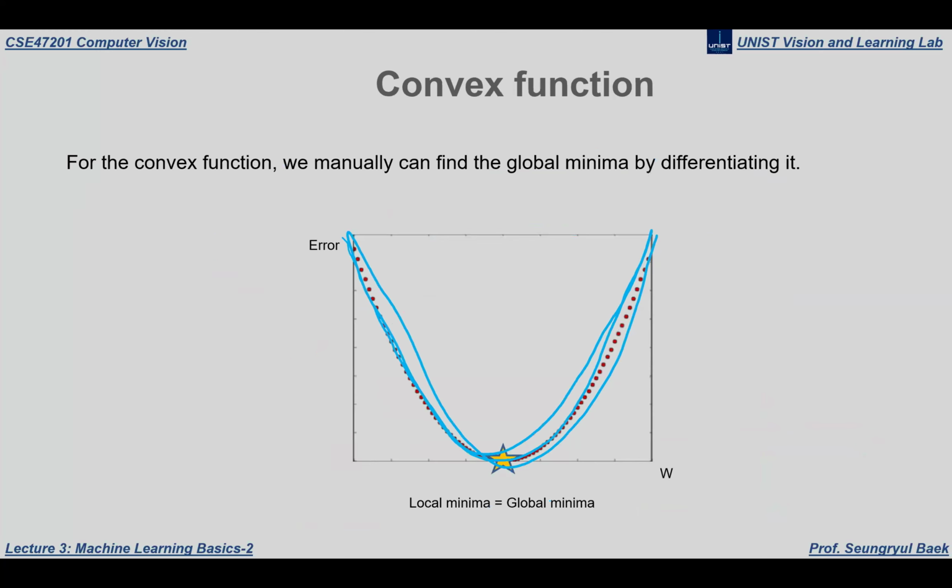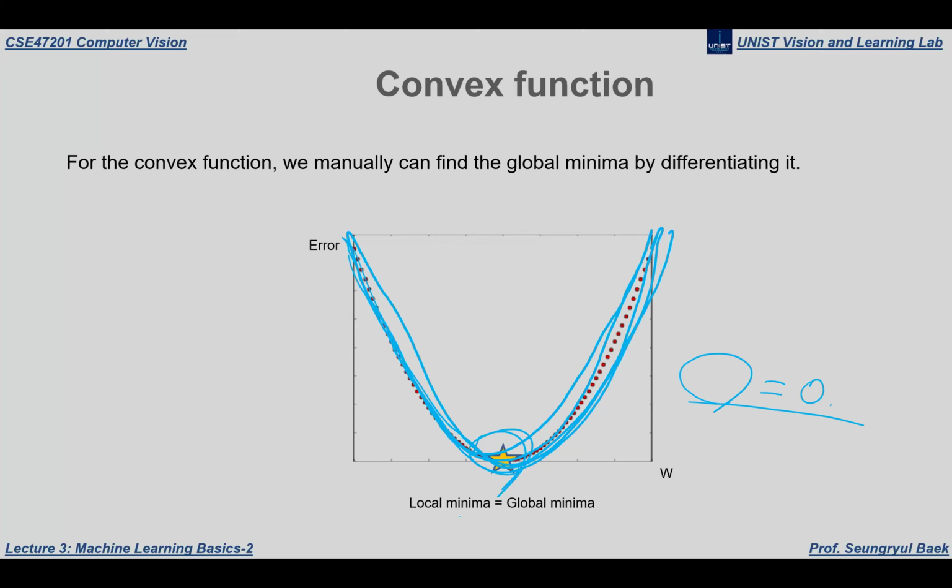I believe you already learned how to get the global minima of this convex function, maybe from the calculus course, by differentiating the function and finding the point whose differentiation is equal to 0.